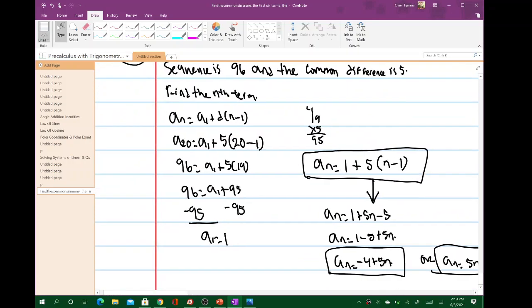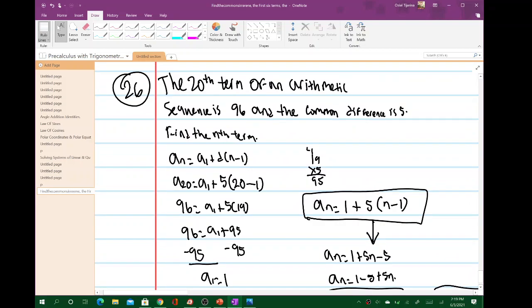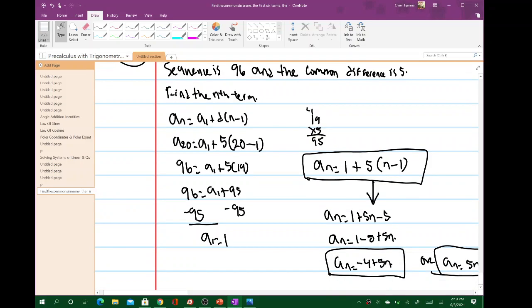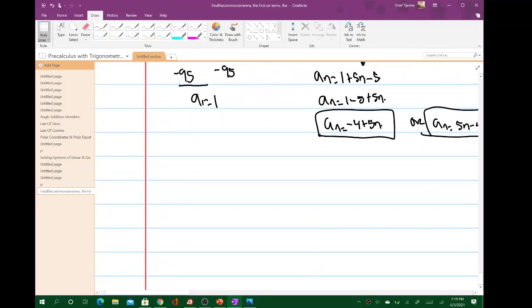Okay, that's how you do this one. When they give you a common difference, always think that it's going to be kind of a linear term, okay?